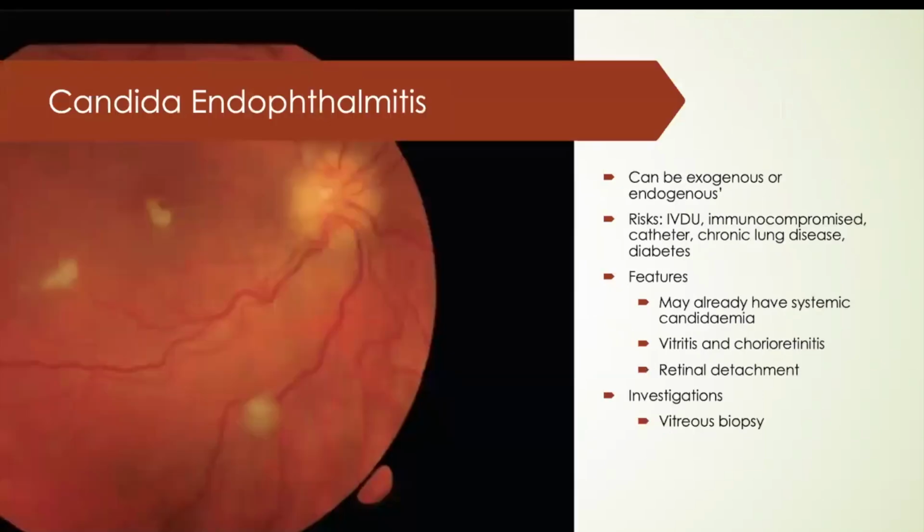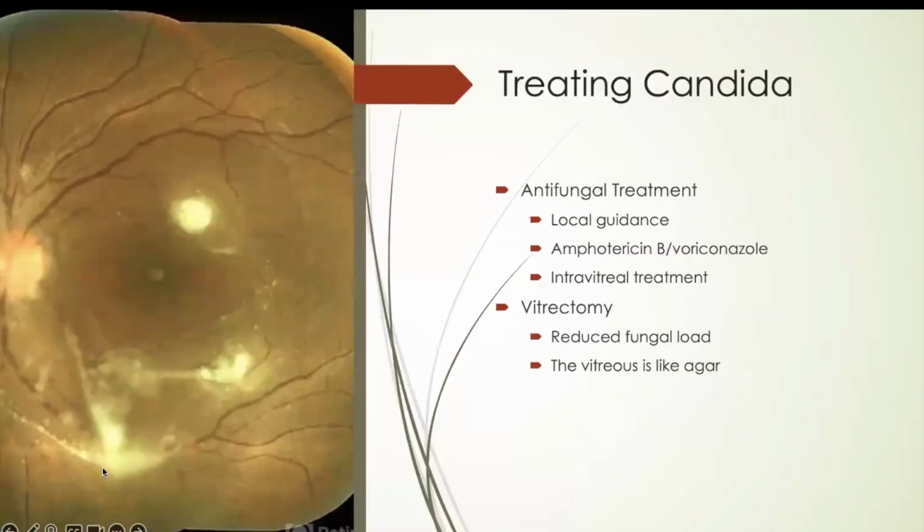So these pictures, just before I go into what a vitrectomy is in the context of a Candida endophthalmitis, you see these focal points of candidemia, sometimes being much more dramatic. Your vitreous is almost like an agar, so it's a great medium for fungus to grow.